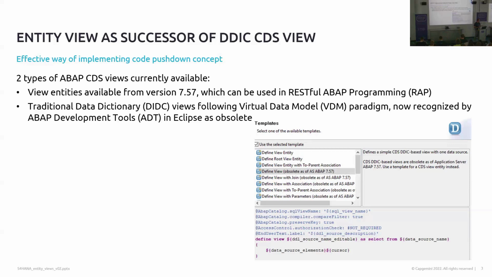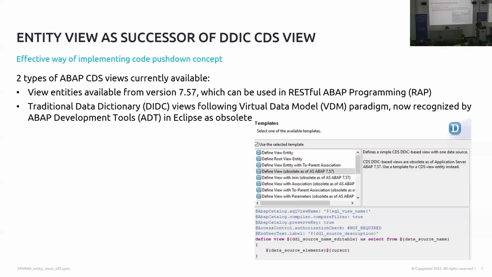So probably you've already observed that if your Eclipse is connected to a system of version 757 or newer, and you are using the standard wizard for creation of a CDS view, you may be surprised that your lovely CDS views are obsolete.